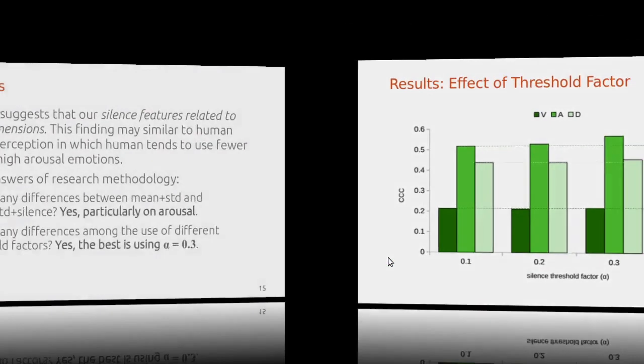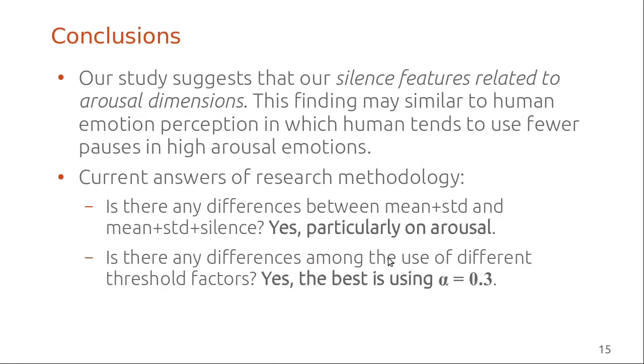So in summary, I would like to conclude that in this pilot study, the silent feature, obtained by counting silent frames, is related to dimensional speech emotion recognition, particularly on the arousal dimension. This phenomenon may be similar to our human emotion perception. And there are two lessons we learned from this study.